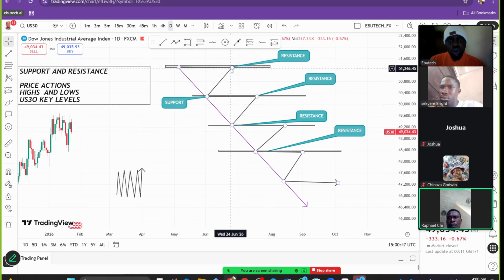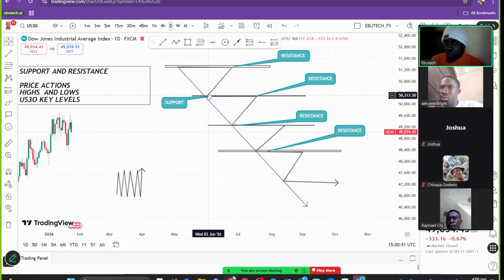When this market comes from this resistance level to this support level and breaks this support level and comes down here, this zone now becomes our new resistance level. Do you guys understand what I'm saying?